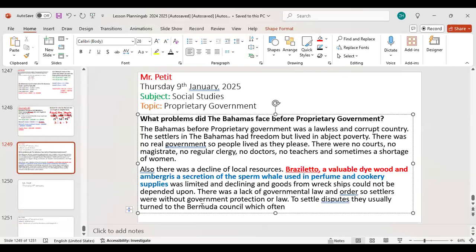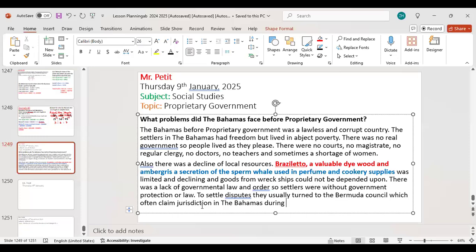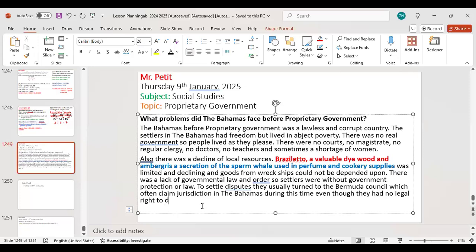Which often claimed jurisdiction in the Bahamas during this time, even though they had no legal right to do so.